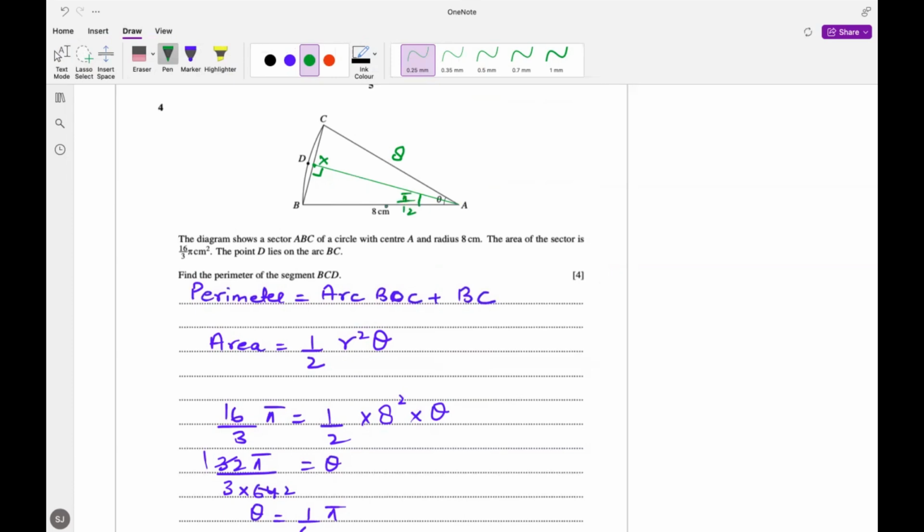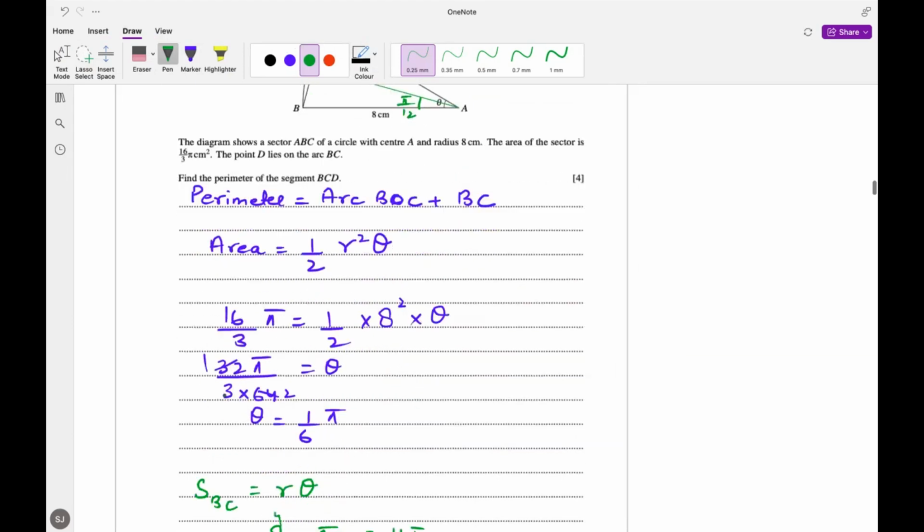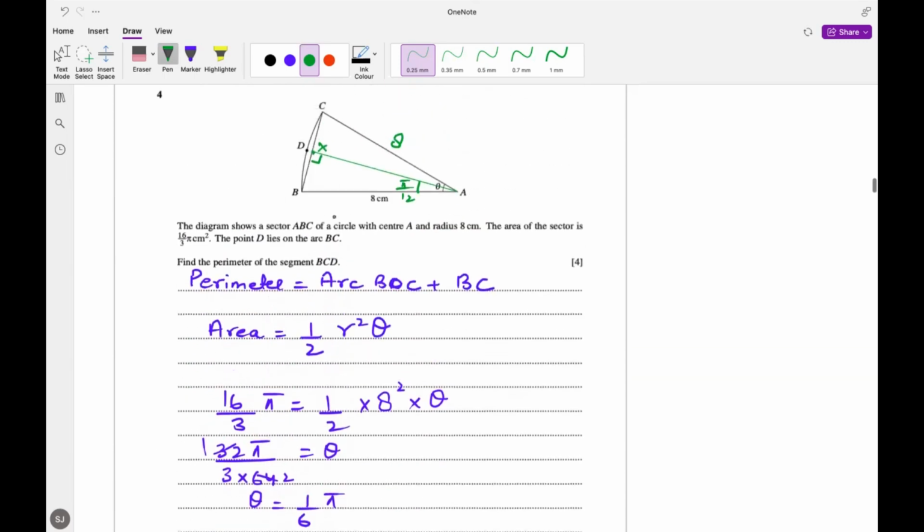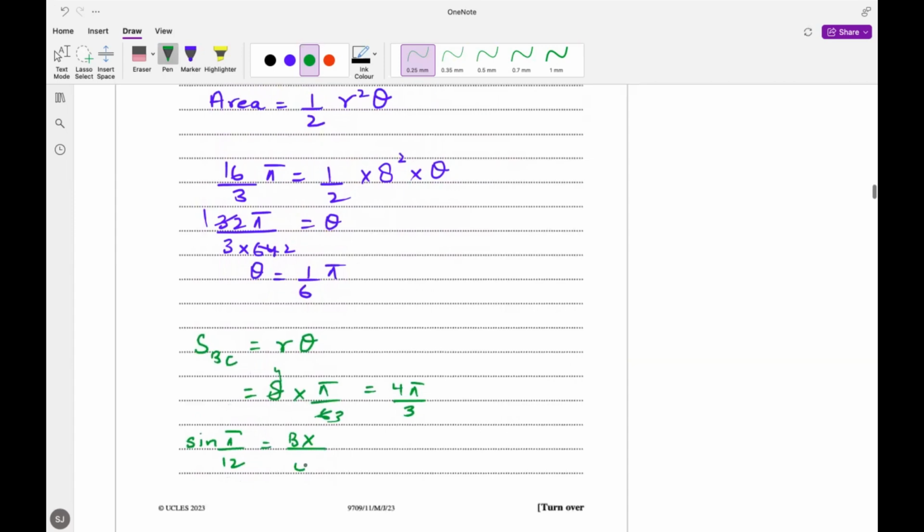Using this π/12, this will be opposite, and as 8 is the hypotenuse, we can use sine. So sine of π/12 is equal to the length of BX upon the radius, which is given over here as 8.